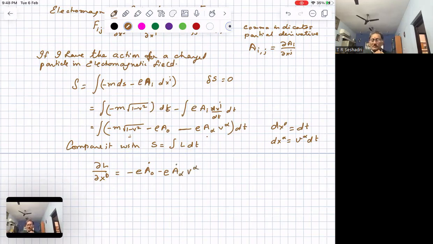Now remember that we are still deriving the equation of motion. In this, v and x are independent variables. Only after you have defined a trajectory, after getting the equations of motion, the particle chooses a particular velocity. So as far as the Lagrangian is concerned, velocity and position are independent variables.